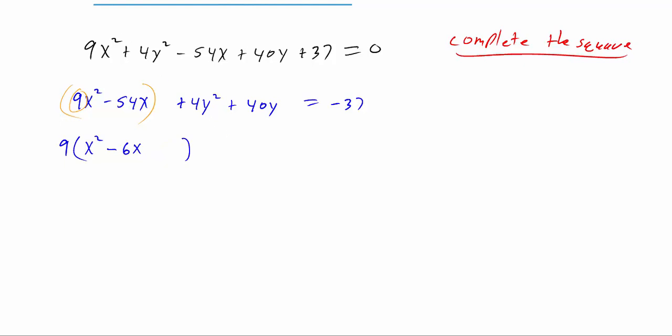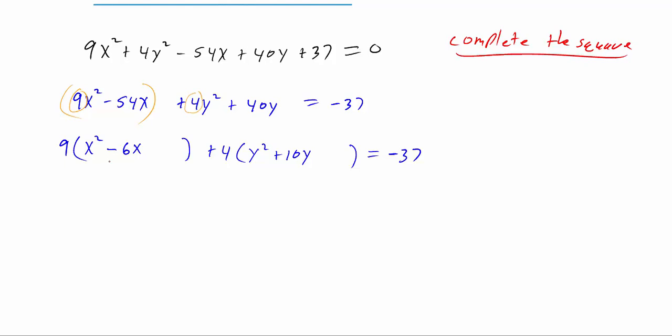And then once again, we have the 4y squared plus 40y, so we want to do the same thing. We want to change our coefficient so that it's a 1y squared. So we'll factor out the 4, and we'd be left with y squared, and again, take the 4 out of the 40, and we're left with 10y. We want to leave a little bit of space to add on our number to make it a perfect square, and we still have the negative 37.